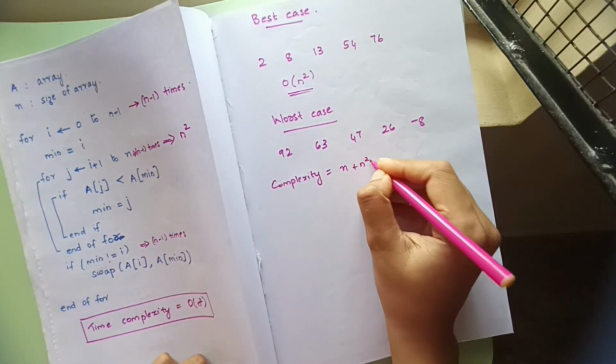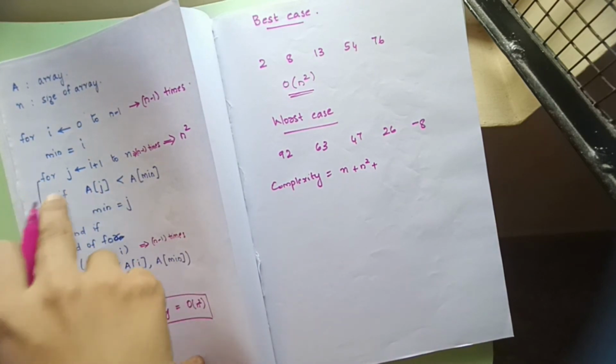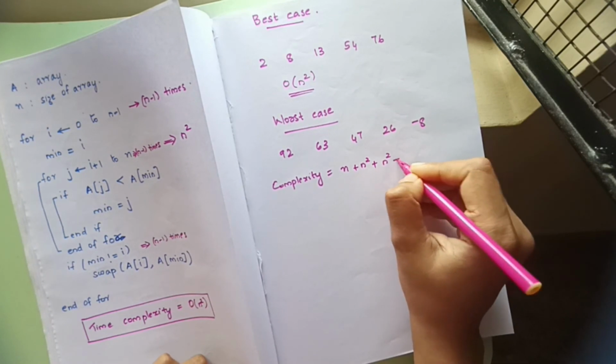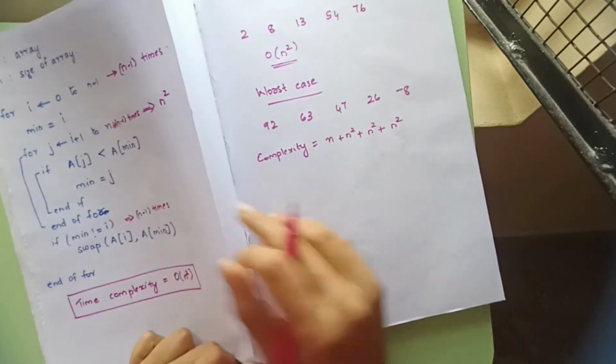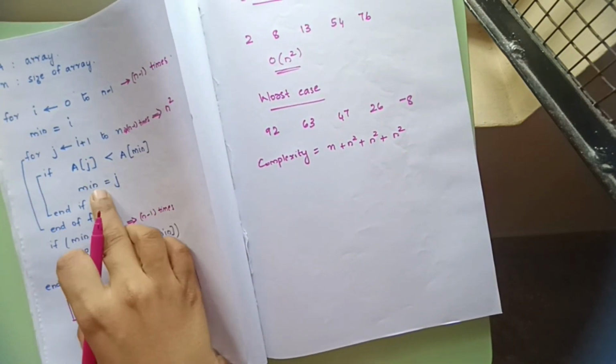So n square plus this if condition is within these two for loops. Therefore, it also will be executed for n square times. This also for n square times. No, this condition will get executed whenever this is true. So it depends on the input.